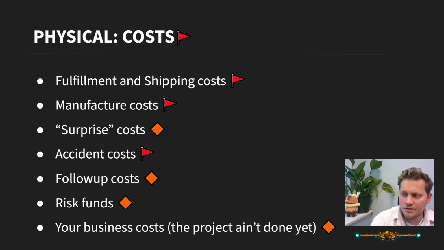So there's manufacturing costs. The good thing is that they basically combine everything into one cost, and then they send that to your fulfillment center that puts everything into a ready to ship box. So you're going to have manufacturer costs, and then we have what's called fulfillment and shipping costs.